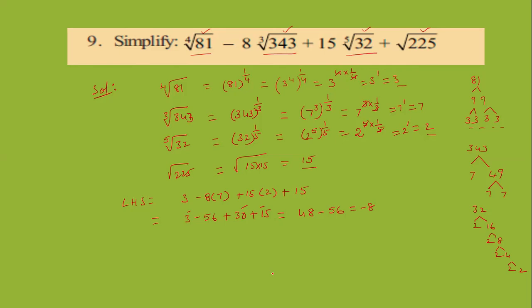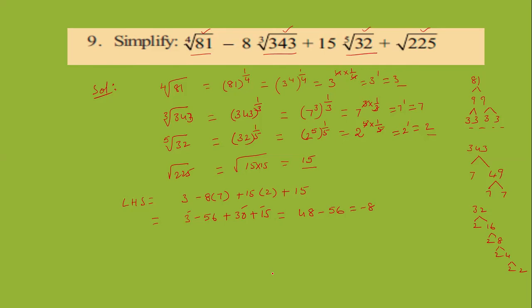In the third term, 5 into the fifth root of 32. What we get? The value of the fifth root of 32 is 2. Hence you write 5 into 2. In the last, the square root of 225, what you get? 15. In this manner, you substitute the values we got in the calculation and simplification into the given problem.